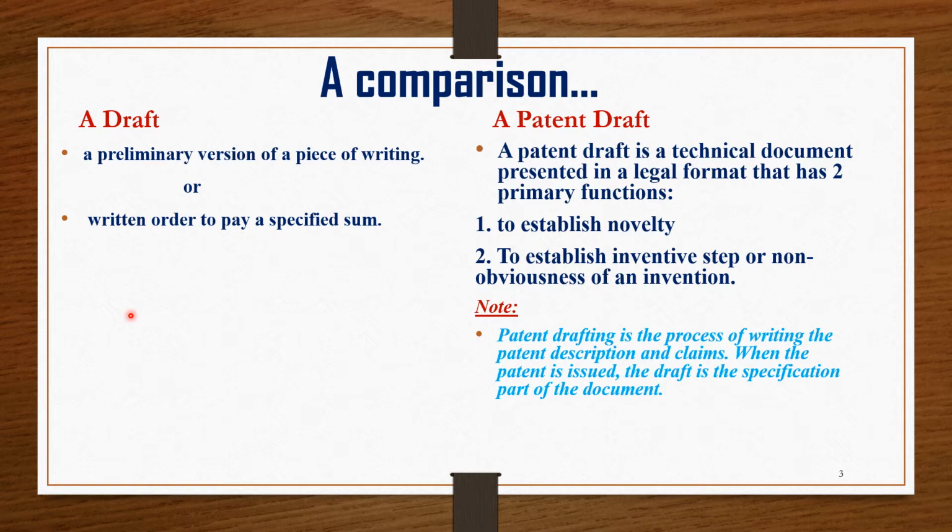So, just remember, patent drafting is the process of writing the patent description and claims. And when the patent is issued, the draft is the specification part of the document. So, the comparison has been done. Let us proceed.